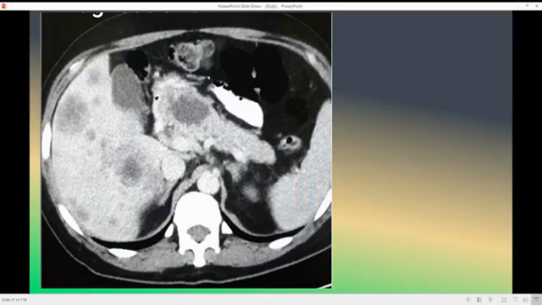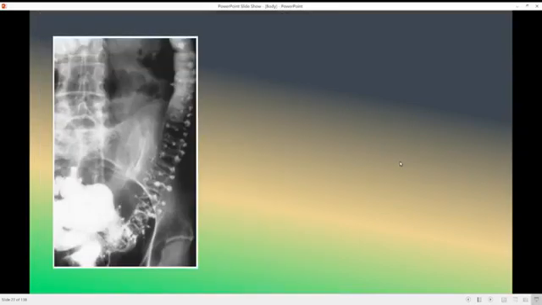This patient has a pancreatic mass lesion here and multiple metastases involving the right lobe of the liver as we see in this slide, and possible left adrenal metastasis also. So this is a pancreatic tumor with liver metastasis and possible adrenal metastasis. Okay, we move to the next case.